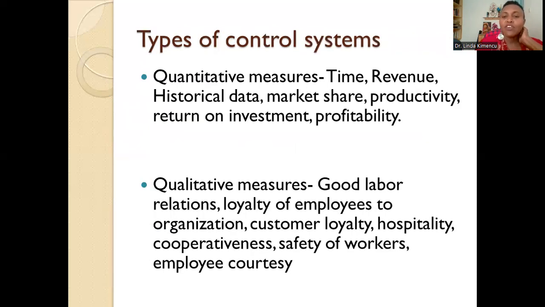So these are types of control systems. We have those that are quantitative. We have those that are qualitative. Those that are quantitative include time, revenue, etc. Say, for example, as an organization, I would wish that people come to work on time. So when I introduce a time stamp, and anytime somebody comes to work, they clock in, then I'm using time as a control system.